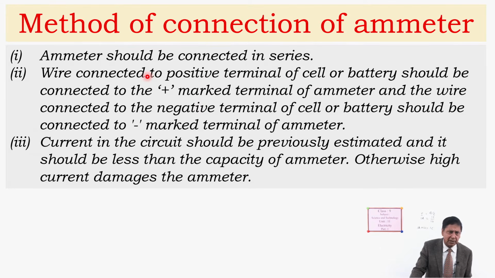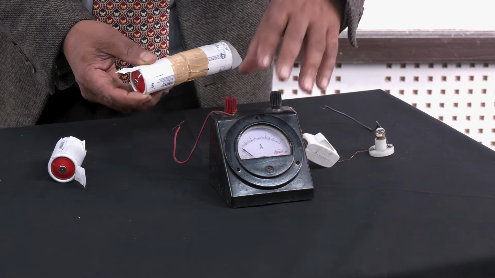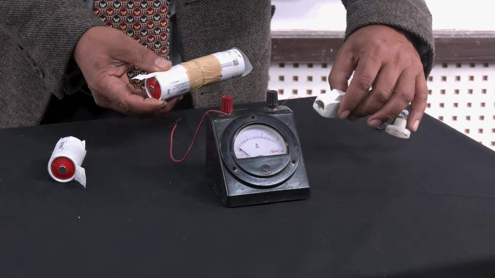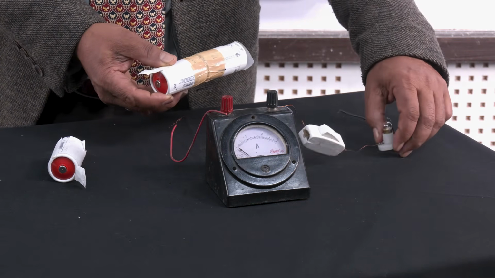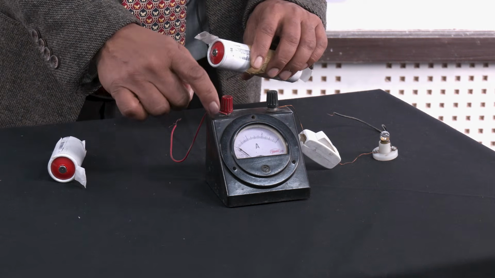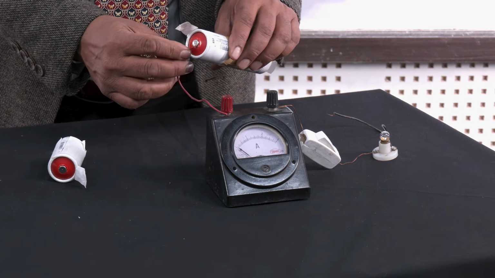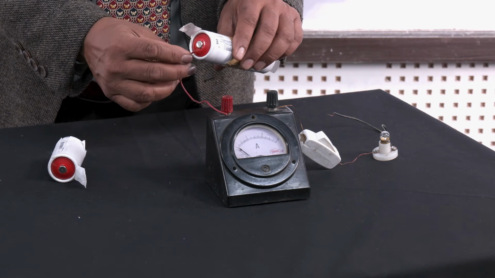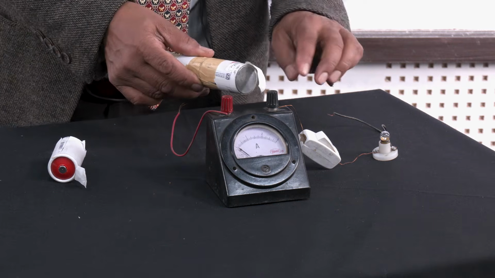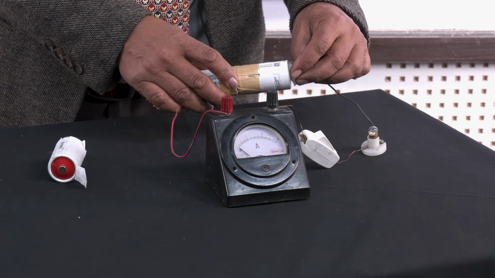Okay, now I want to revise this second point. The wire coming from the positive terminal of the cell or battery should be connected to the plus marked terminal of the ammeter. If I am connecting these two cells here in the circuit, here we have the ammeter, and the switch is also already connected and the bulb is also there. If I am going to connect this, then this positive wire connecting point should be connected to this plus symbolized wire connecting point of this cell, and the wire coming from the negative terminal of this ammeter should be connected to this place.